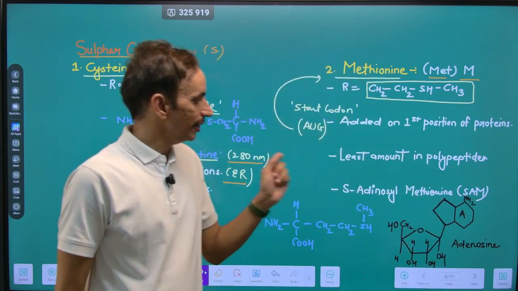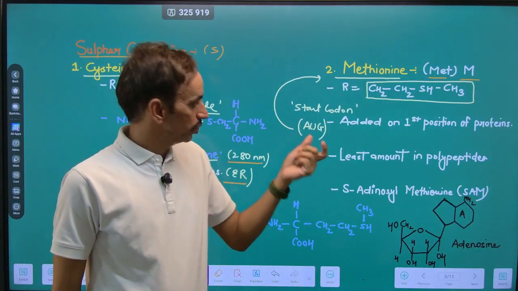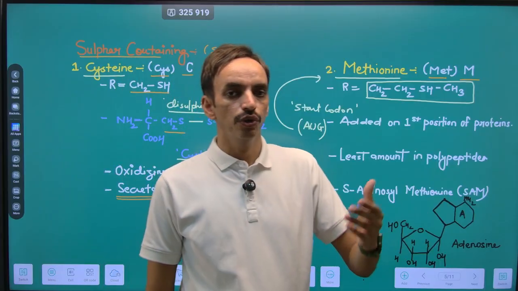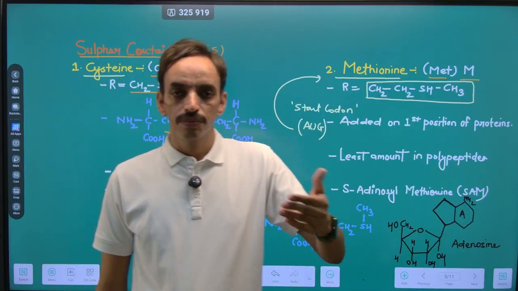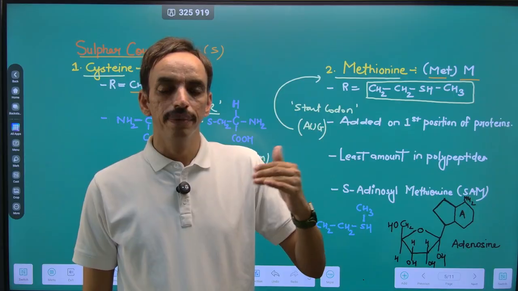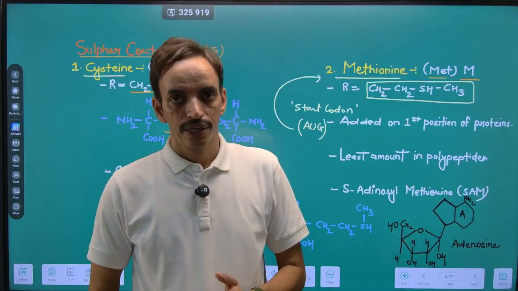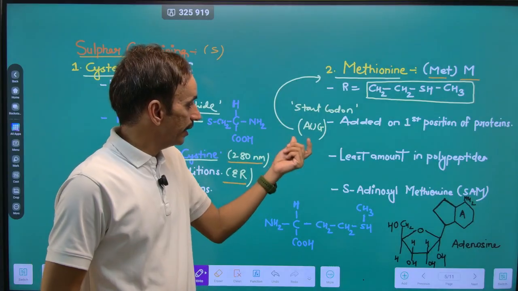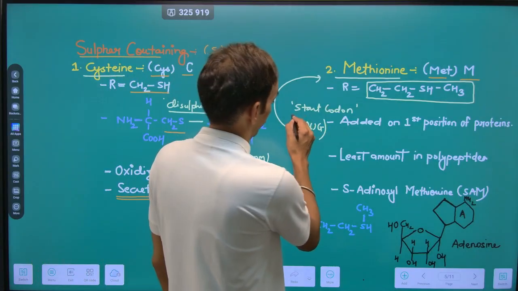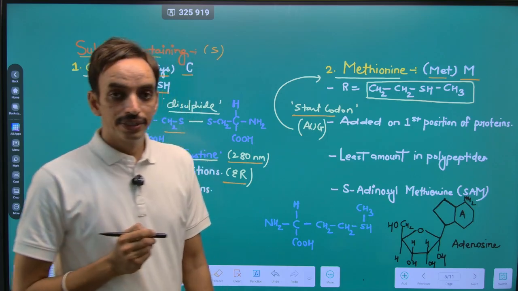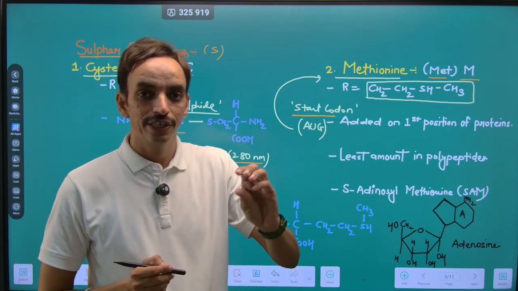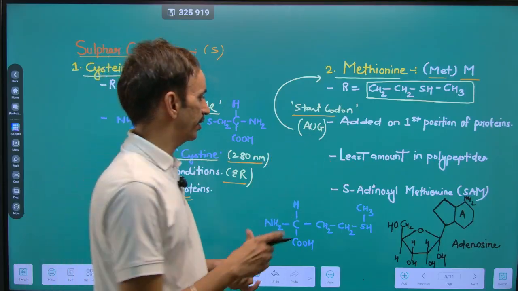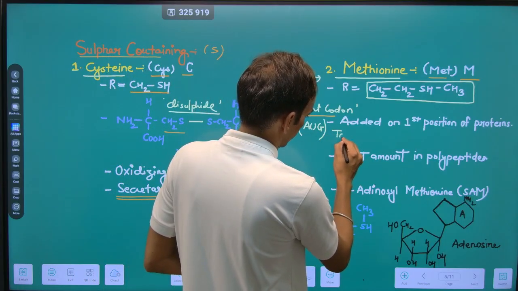ऐसा क्यों होता है? ऐसा इसलिए होता है क्योंकि एक तो जो रिडंडेंसी और डीजेनरेसी होती है, मींस आगे अपन बात करेंगे जब हम मॉलिक्यूलर बायोलॉजी पढ़ेंगे, there is more than one codon for a particular amino acid, but in case of methionine there is only a single codon, and that is also a start codon, but still it remains present in least amount. Why? Because these first positions generally contain the targeting sequences.